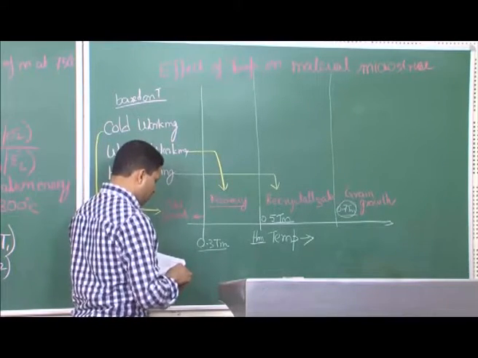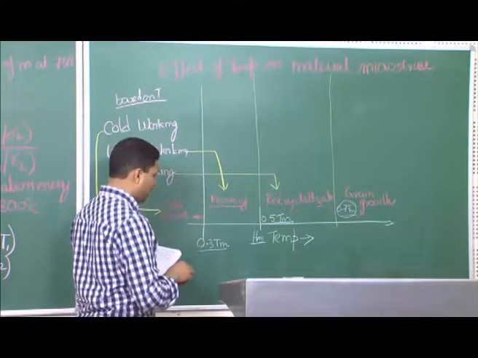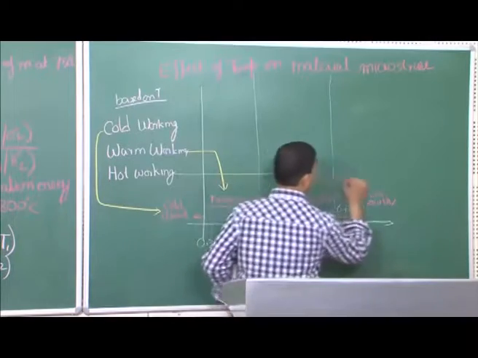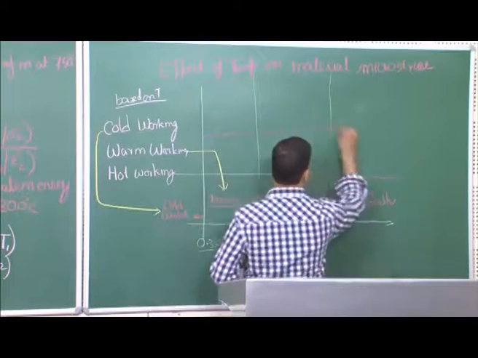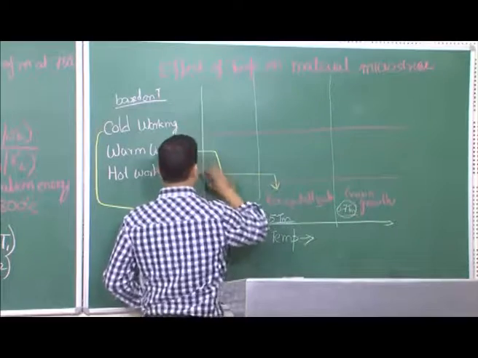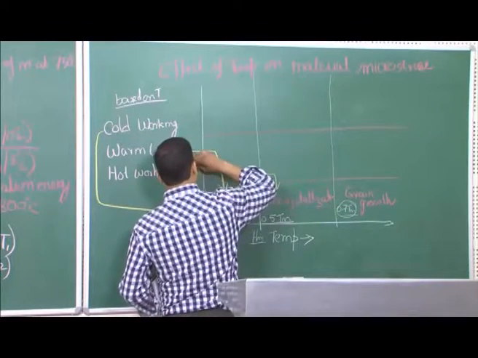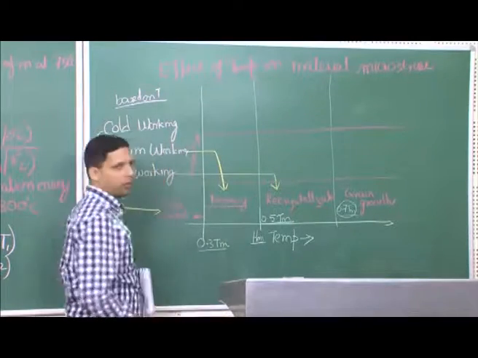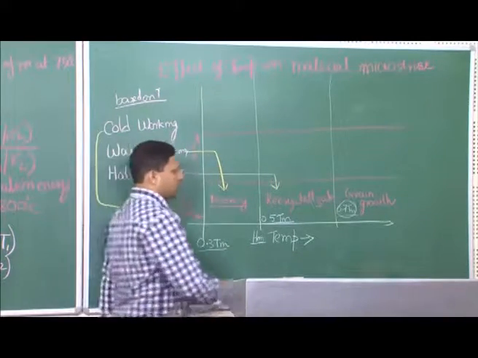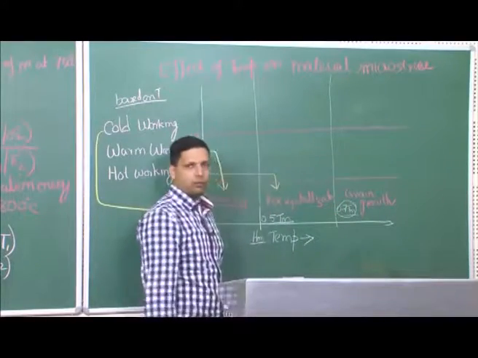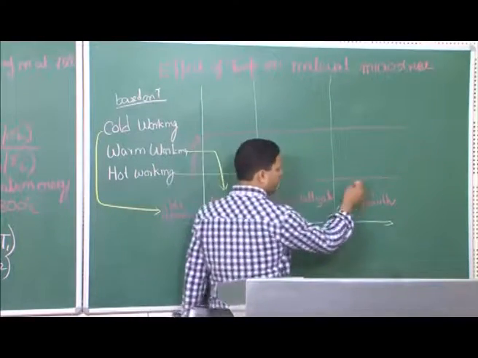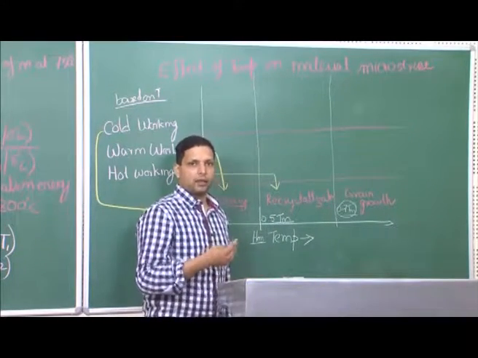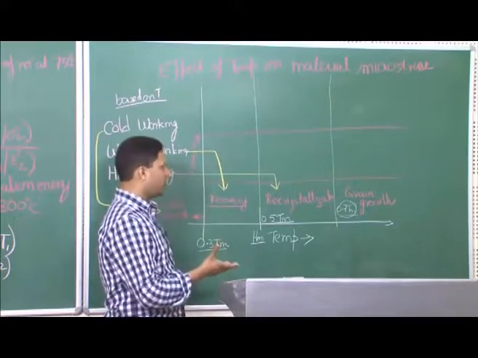Now, if we were to understand what exactly are the parameters that are changing, let us look at that. The first parameter that I would like to describe is grain size. Grain size is a very important parameter. As you can see, we also have a region called grain growth. Here, of course, the grain size would be much larger, because that is why this region is named grain growth.